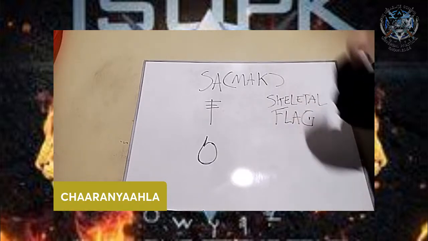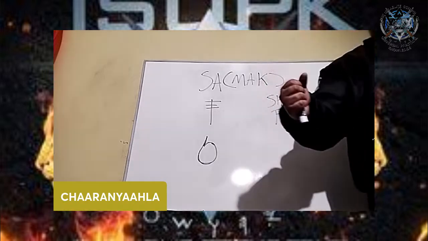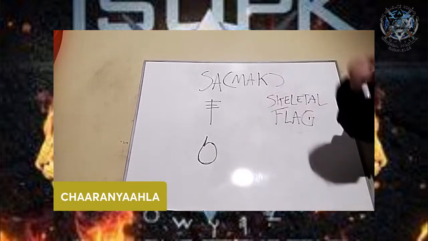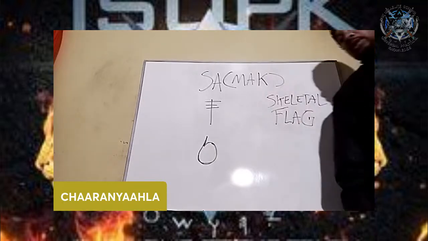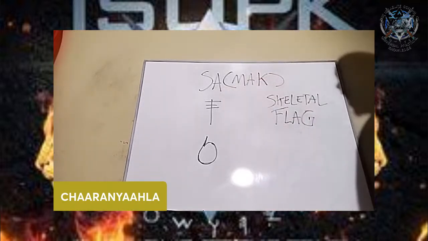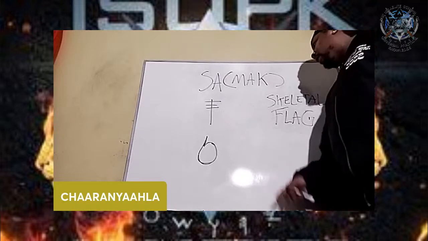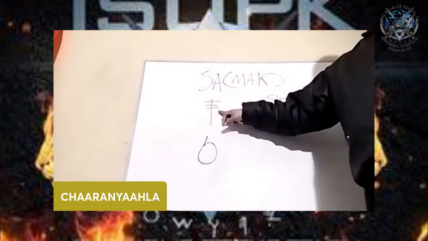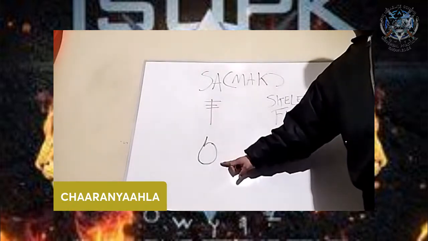You understand? When you conquer land, you put your flag there. You understand? To say that this is mine now, I'm going to establish something here. You understand? Sa, Samak, skeletal flag, which means to establish something. You understand? Ancient Hebrew, Assyrian Hebrew, right?